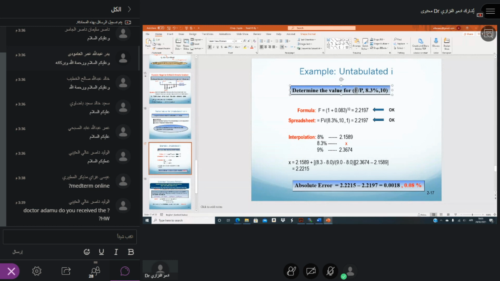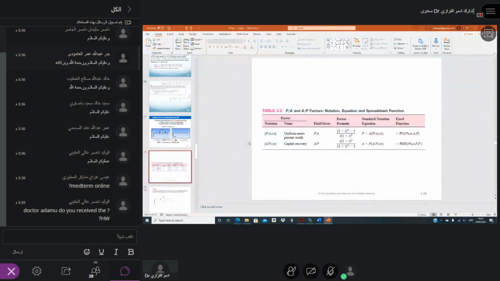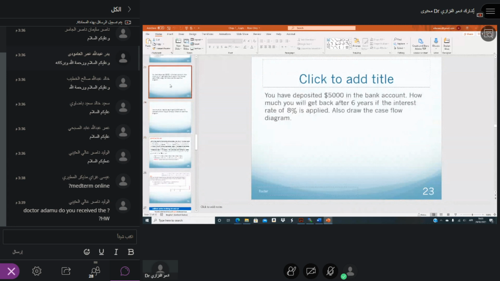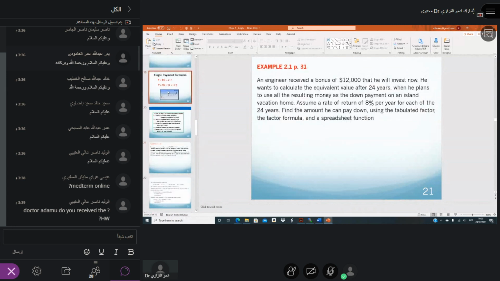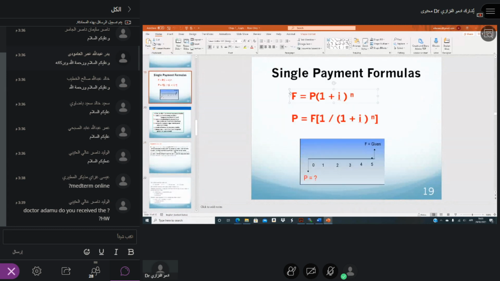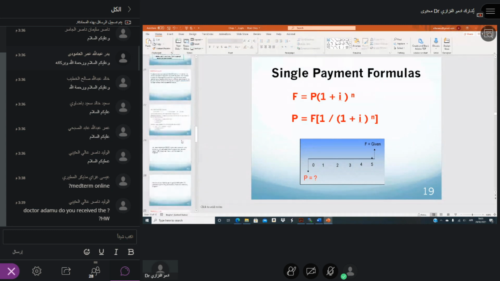And then they are asking you to find F given P. So you just try to remember the formula that we discussed in chapter 1 to calculate F. If you are given P and you are asked to calculate F and you are given n, you just use i as 8.3%, and then you do the calculation, and that is it. It is very clear.